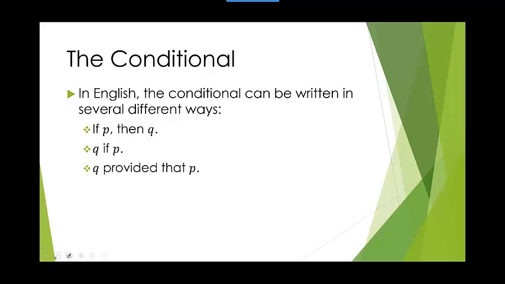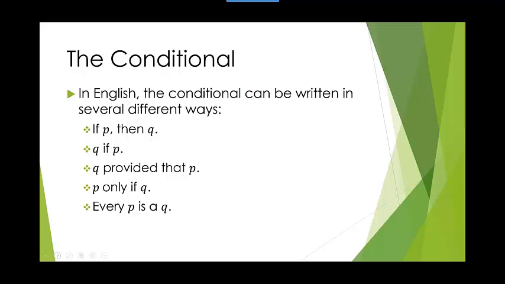You can also say Q provided that P, P only if Q, and we can say every P is a Q. So there's 5 different forms that you can say if P then Q, lots of different ways of saying the same thing.